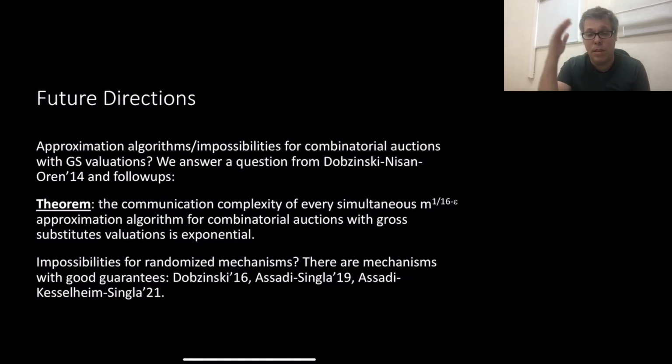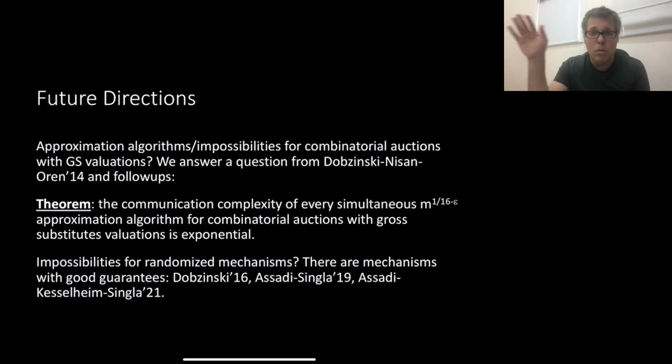You can do it with not much communication. For gross substitute valuations, the best deterministic dominant strategy mechanisms we know achieve a poor approximation ratio of square root of m. So the obvious question is whether we can do anything better than square root of m with dominant strategy mechanisms.